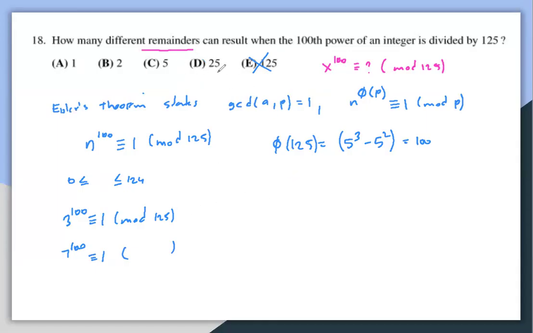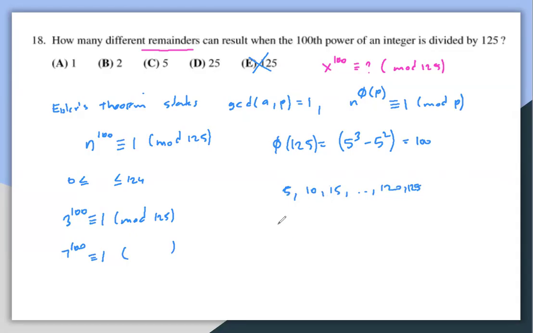The reason I said this may not be the case either is when you look at the other numbers, the multiples of 5, like 5, 10, 15, all the way to 120, 125. There are 25 of these, and they are not relatively prime to 125.